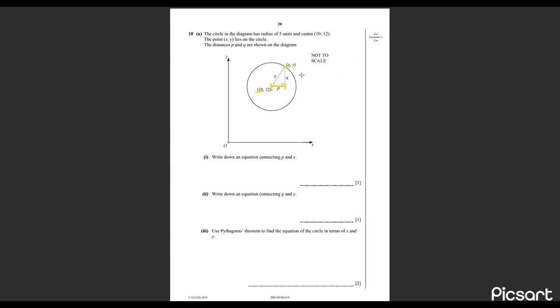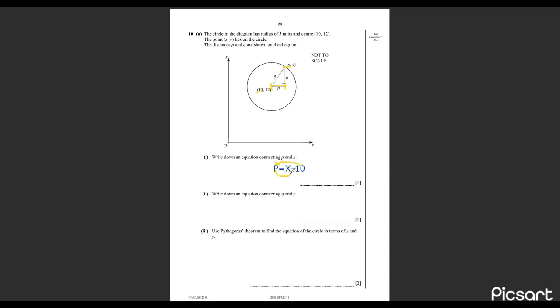So you can say p equals x minus 10. So we need to connect p and x, so we can say that is x minus p, so we can bring this here.